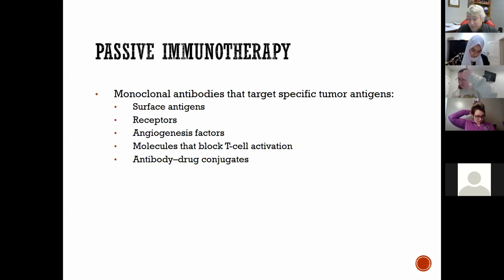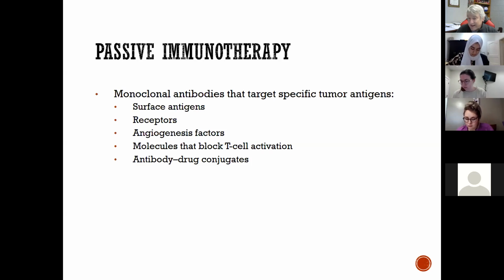All right. So we have molecules that block T cell activation. That sounds counterproductive, just reading it right off the bat, right? Molecules that block T cell activation and proliferation by binding molecules to antigen-presenting cells.